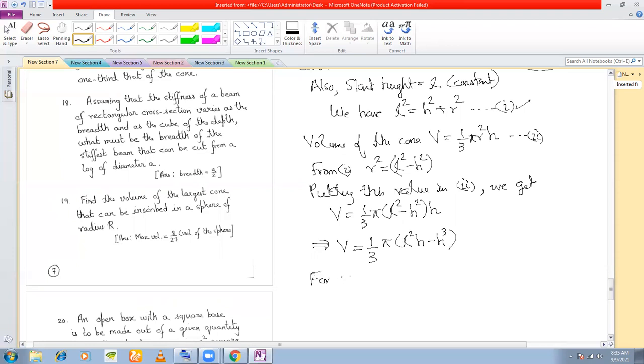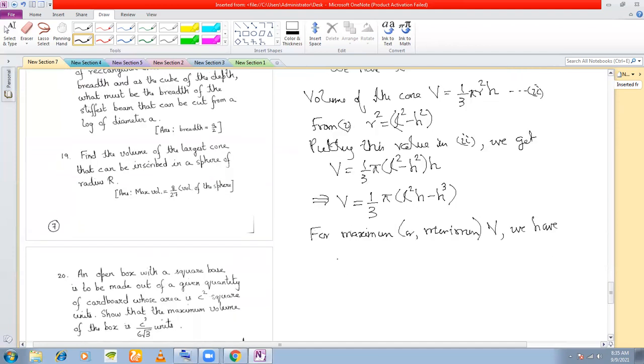For maximum or minimum volume V, we have dV/dh. Let's first find out dV/dh, then we'll say maximum or minimum volume.